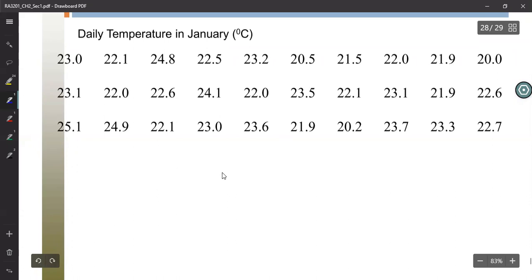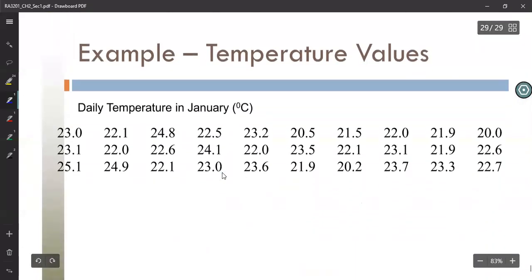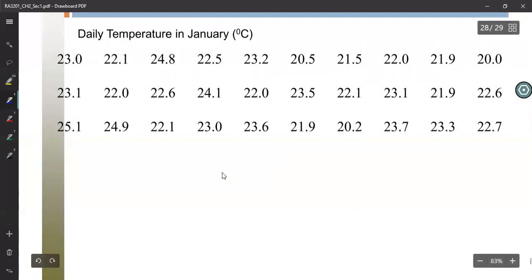When you tally, you have to come up with the intervals first and then tally it. So I'll leave preparing the distribution table, choosing your own intervals, and then drawing the histogram.